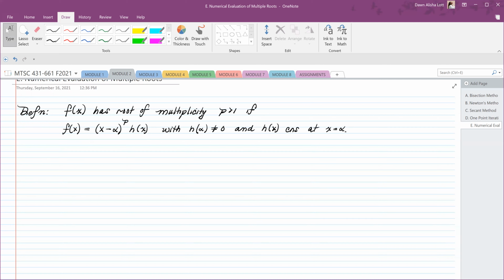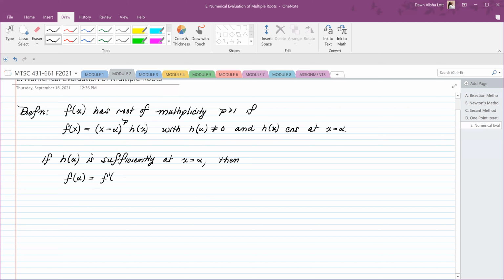Okay, so if h of x is sufficiently differentiable, what do I mean by that? Obviously, I can keep taking derivatives of f because the x minus alpha to the p is not a problem, but I need to make sure the h is. If it is sufficiently differentiable at x equal to alpha, then f of alpha is equal to 0, and f prime of alpha equals 0.